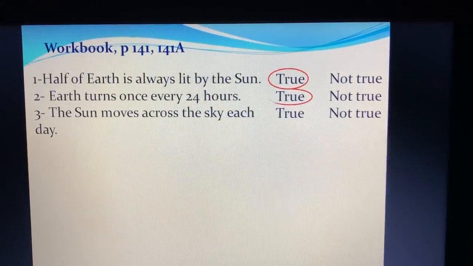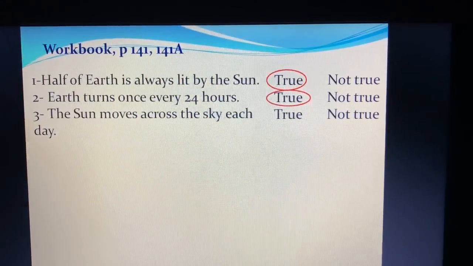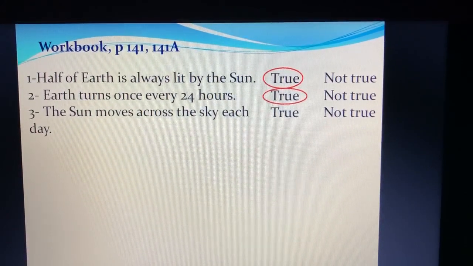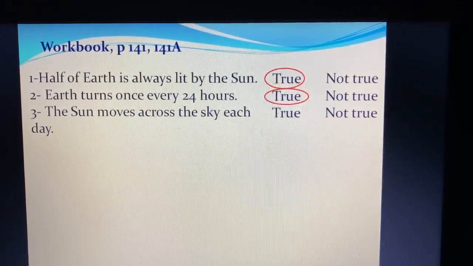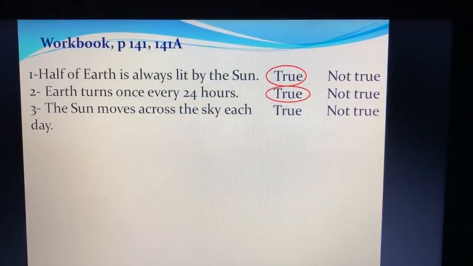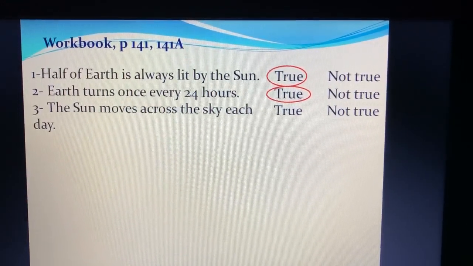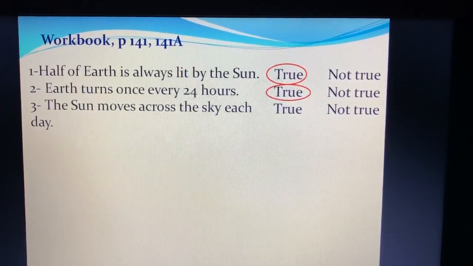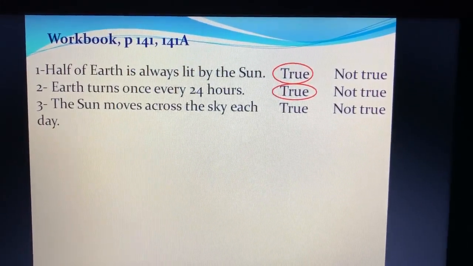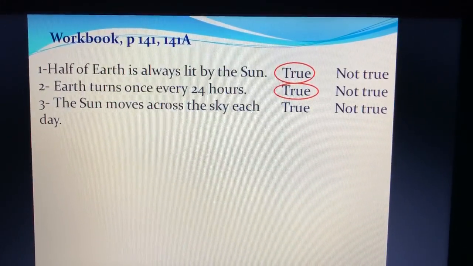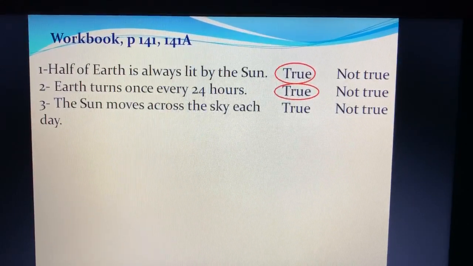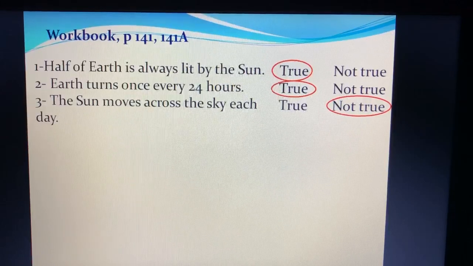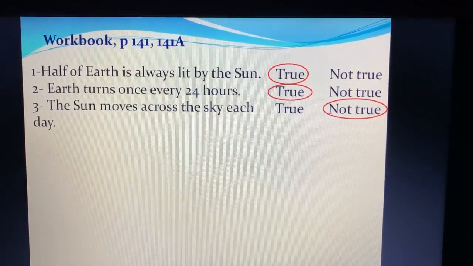Great job. It's true. Number 3. The sun moves across the sky each day. What do you think? Of course, it's not true. The sun does not move across the sky each day.